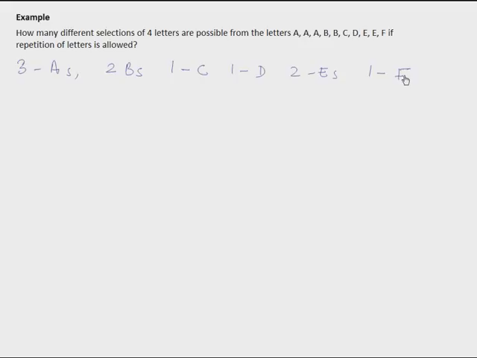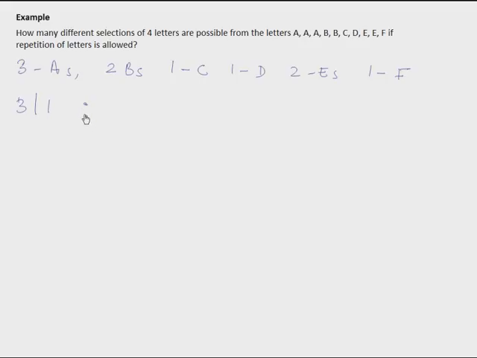So can I take 4 of one letter? No, I can't, because I don't have 4 copies of any one letter. So that's out. What can I take? Can I take 3 of one letter and 1 different? Yes, that seems possible. So let me write that. 3 and 1. In how many ways can I do it?